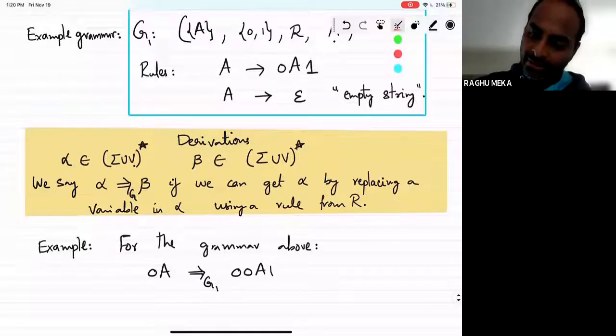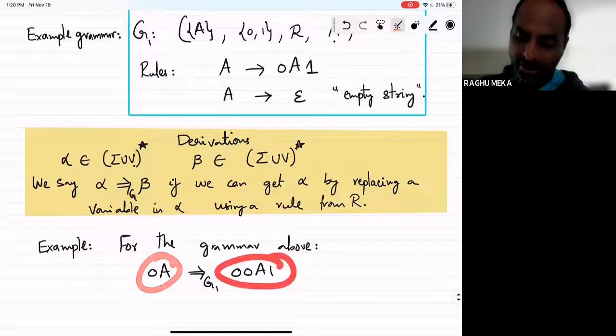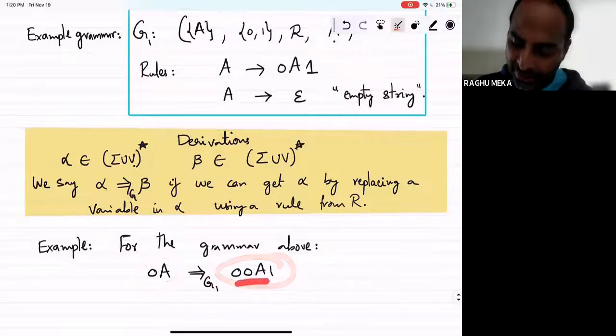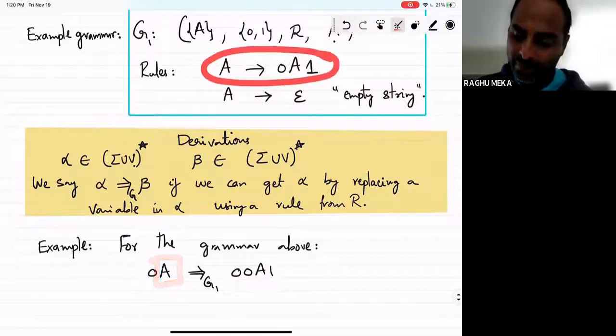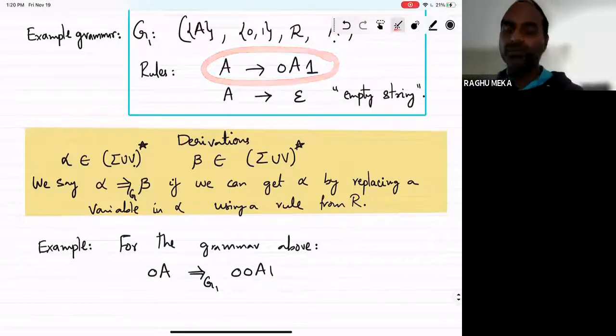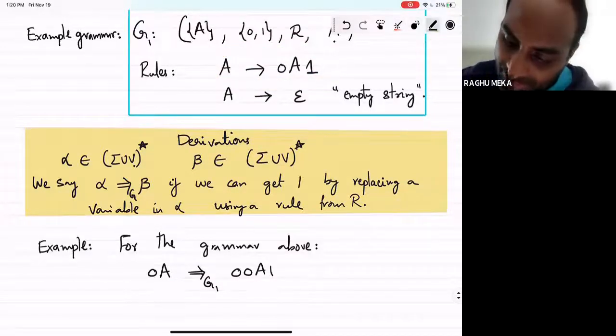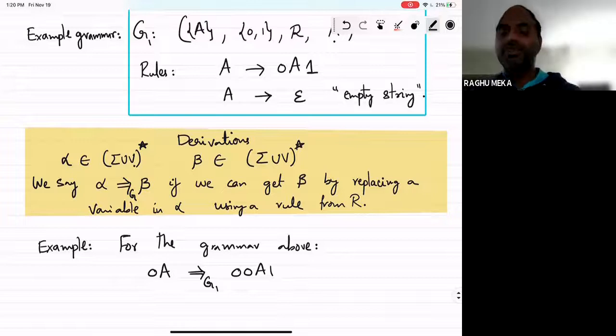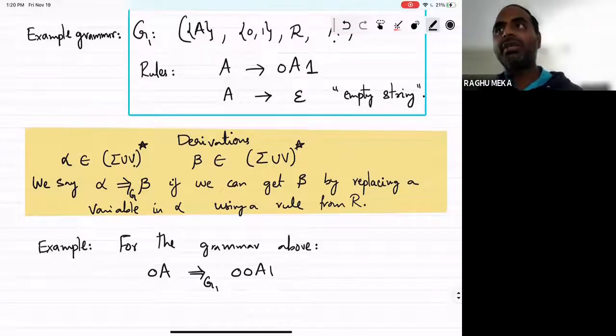Because this is my alpha string, this is my beta string, and I can get the new string beta by applying the rule A to 0A1. So we should be able to get beta by replacing a variable in alpha.